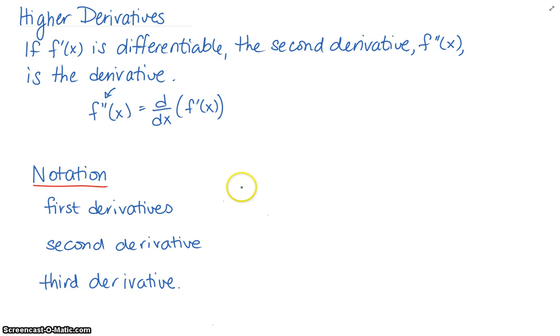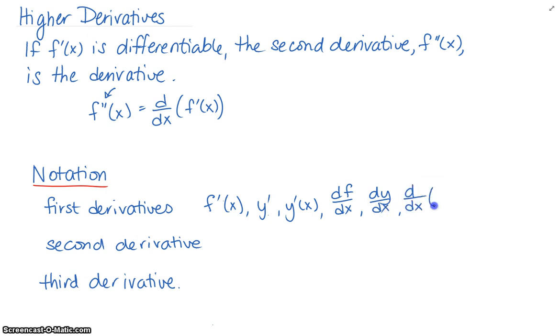So, some notation that you need to know about. First derivatives, obviously we've seen different formats of notation: f prime of x, y prime of x. We've seen df/dx. We've also seen dy/dx. And we've also seen the derivative with respect to x of the function.